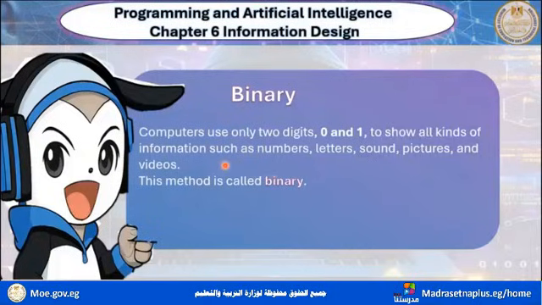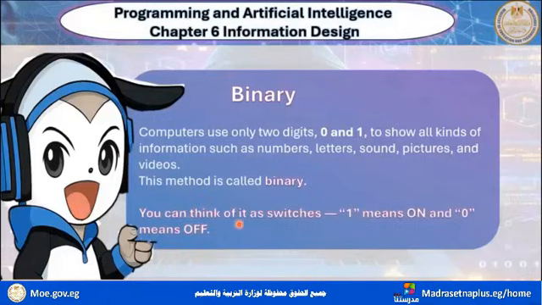Computers can't see numbers like humans, can't read letters like humans, and can't hear sound or see pictures and videos. They only can identify and know 0 and 1. These are the digits that computers can understand. So this method is called binary.